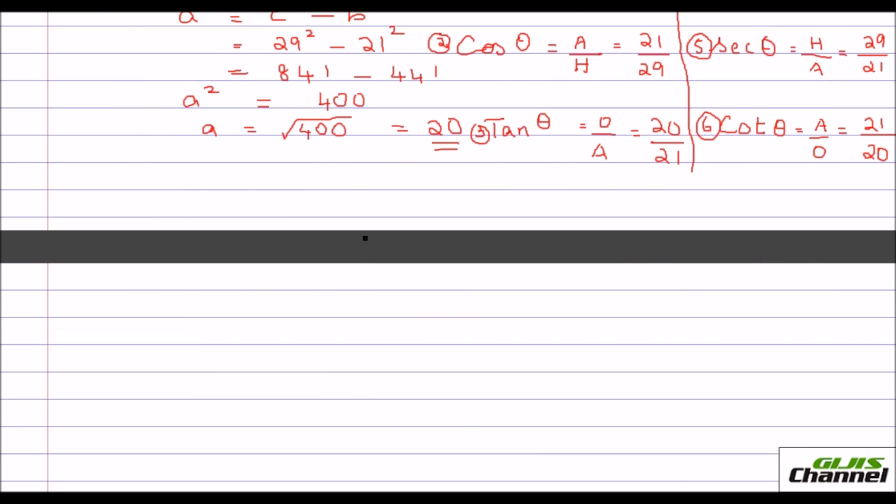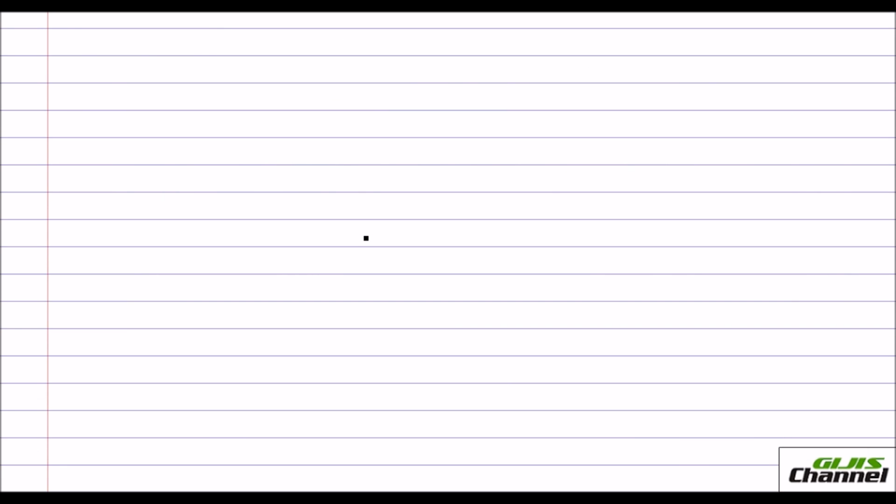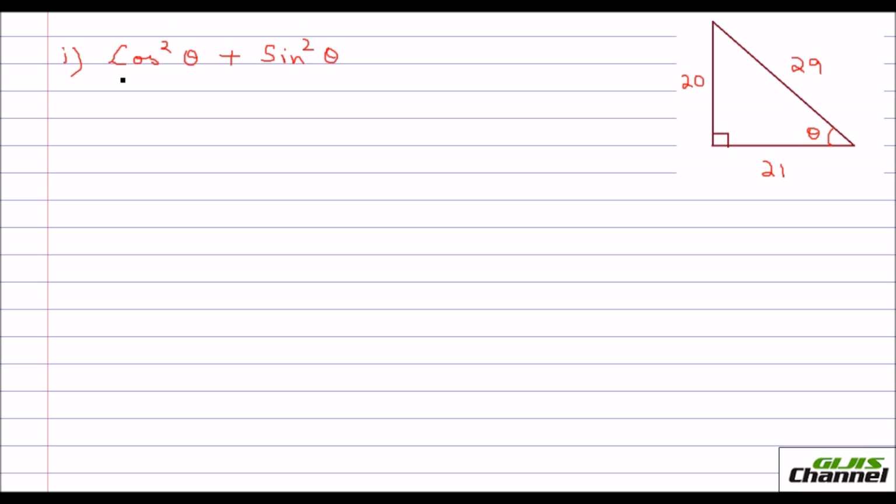Now let's go to the next part of the question. They've asked you to find out cos square theta plus sine square theta. Let's do this first. For convenience sake, I would write cos square theta as cos theta the whole square. So it is cos theta the whole square plus sine theta the whole square.